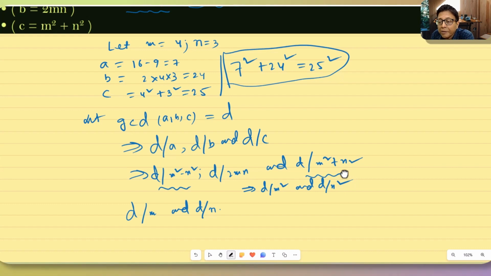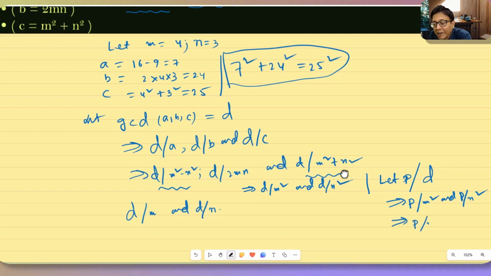Now let P be a prime divisor of D, let P divide D. This implies P divides m square and P divides n square. Now since P is prime, this will imply that P divides m and P divides n. But m and n are coprime.